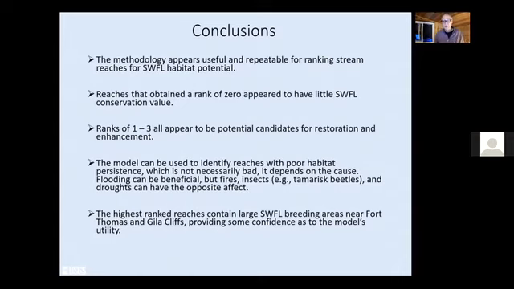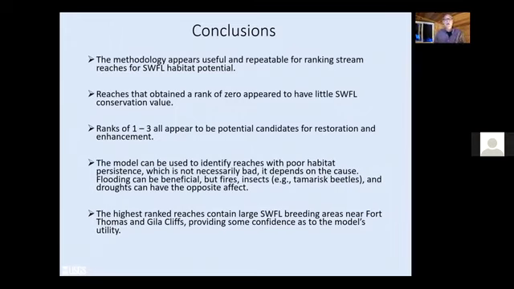So if you have a control group, you can always apply the same methodology, look at those box plots, and look at which percentiles do the best job of identifying your control reaches. And then you can literally use that set of values to run the model in a different area.